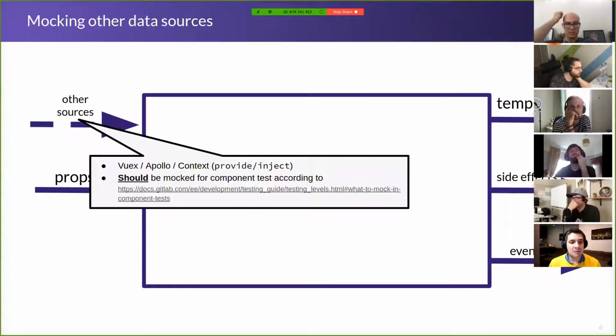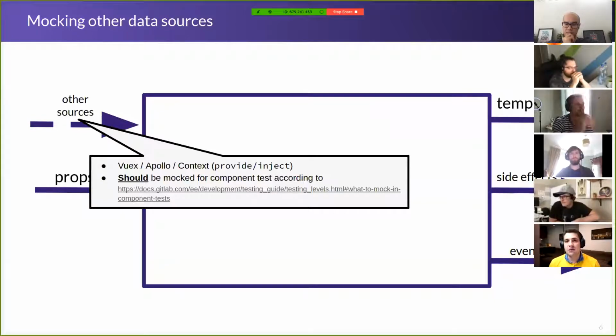When we speak about other sources, we mean that the data could be obtained by the component not only via props, but also via Vuex, Apollo, or context, which provide inject. According to our current testing guide and testing levels, it should be mocked for component tests.